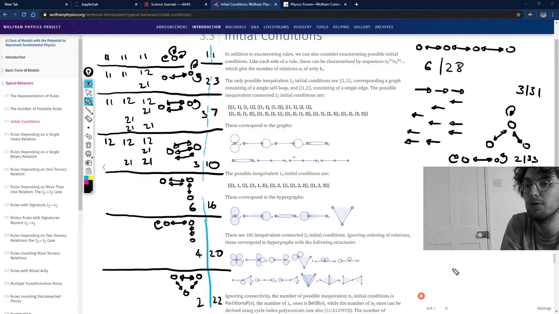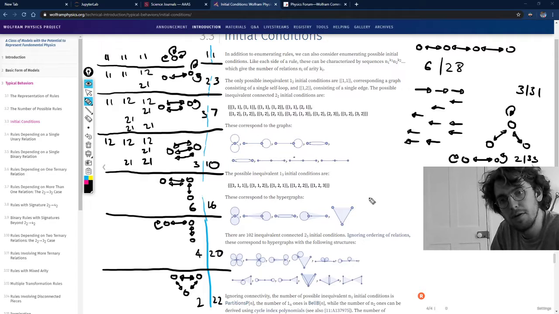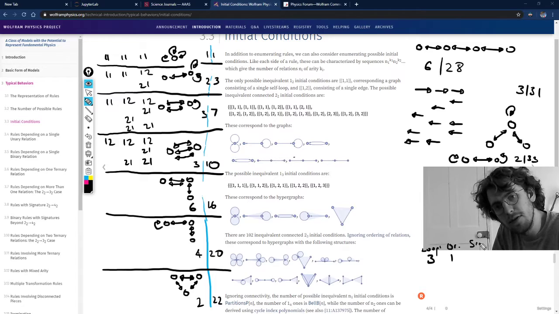There's only one way to do 3 loops. If we have 2 loops, we have 2 options on where we put the loops. Orientations and signs: if we have 2 loops, we have 2 orientations and 2 signs for each of those orientations. So we get 4 if we have 1 loop.